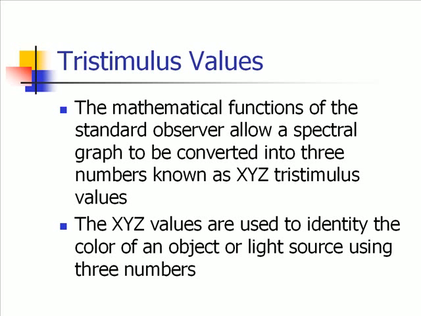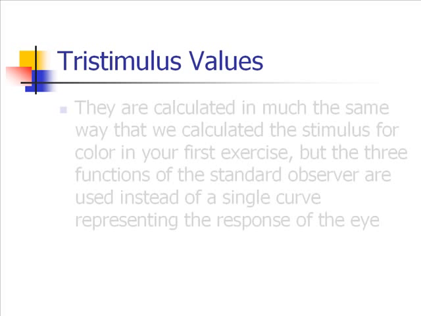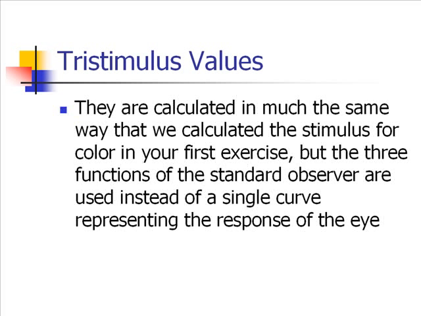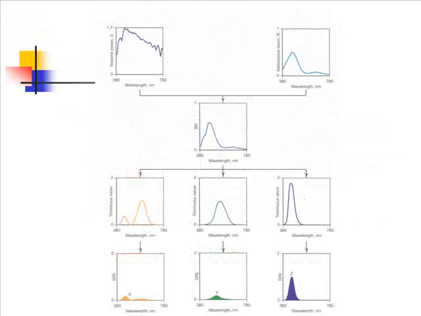Start off with, at the top of the page there, our light source, like daylight. And then we have our object curve on the right top, which looks like a phthalo blue color. And if we mix those together, multiply those together mathematically, we get this curve right here in the center.